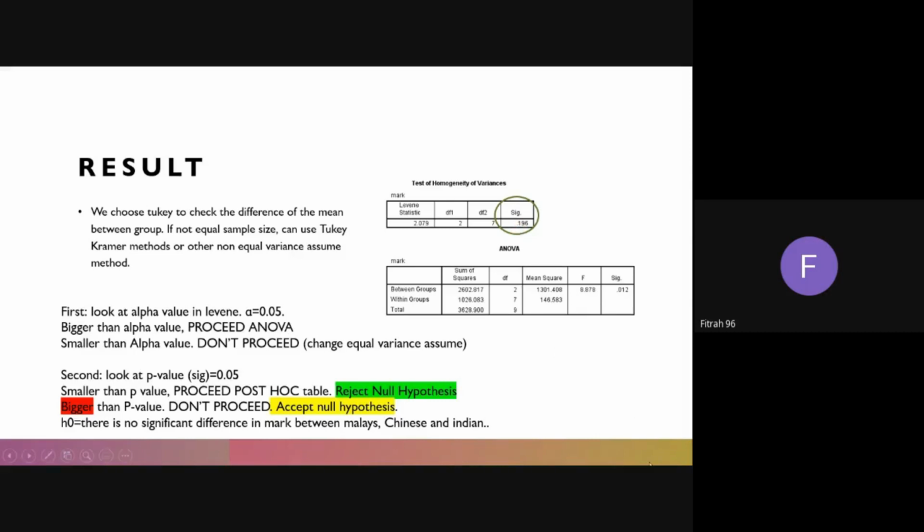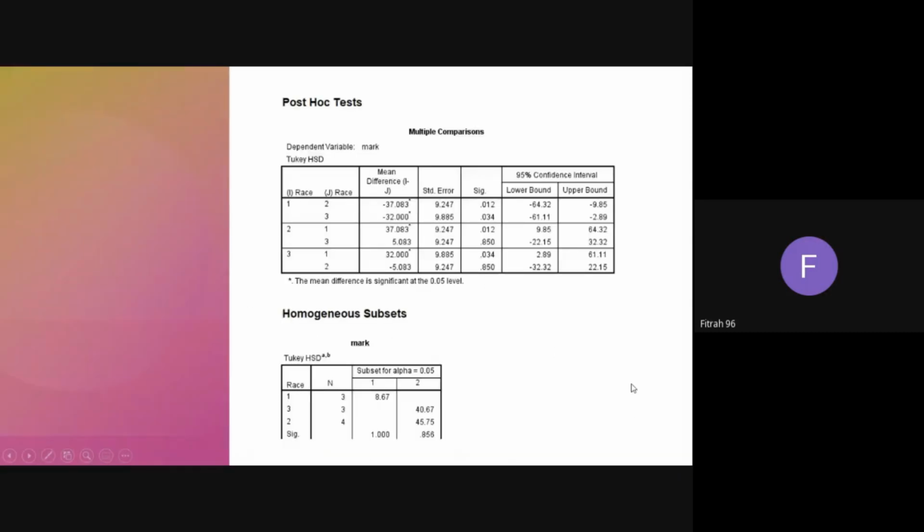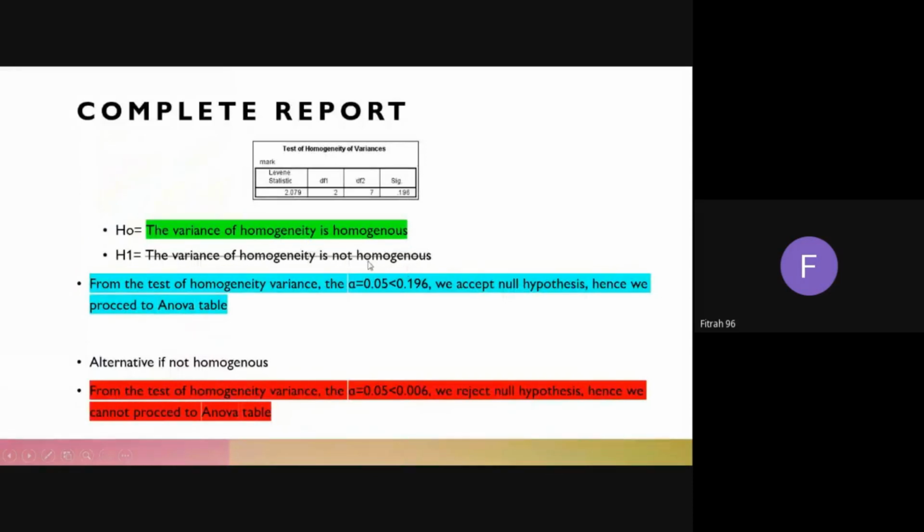Hypothesis pertama, for this Levene table, kita akan cakap the variance is homogeneous for H null, and for H1 the variance is not homogeneous. We don't want H1, sebab tu I underline. Kalau boleh kita kena achieve H0 ni.